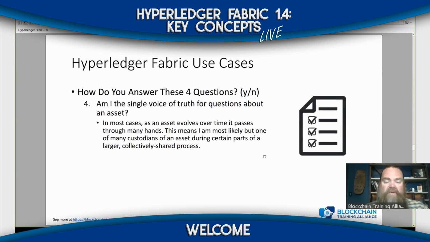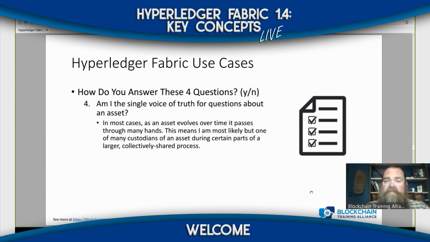There's some kind of business process which drives that evolution. And then the last question, are you the single voice of truth for any questions about that asset? In most scenarios, you are just one custodian of an asset along part of a larger process. So let's think about Alice and Bob. Alice makes electronic devices. Bob sells them in his stores.